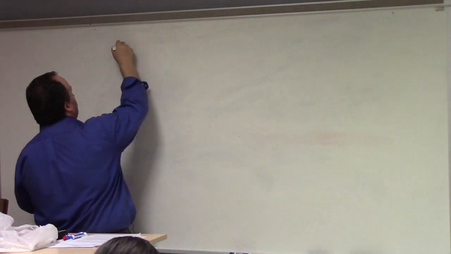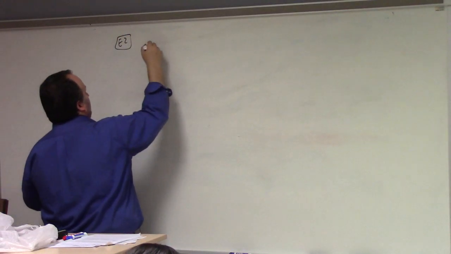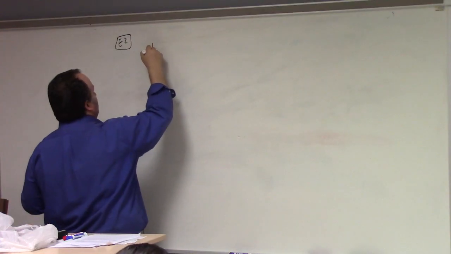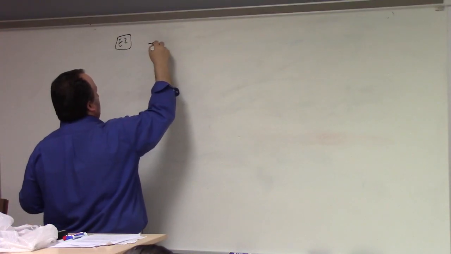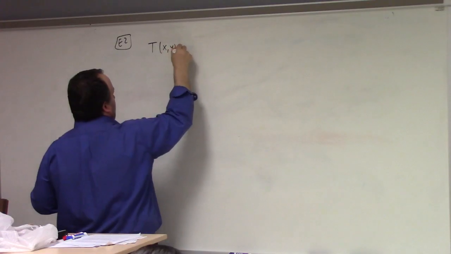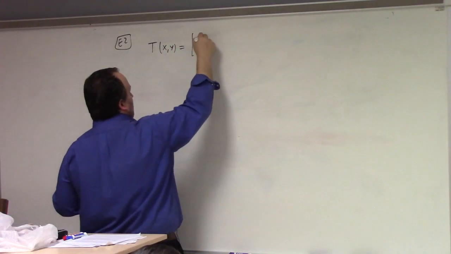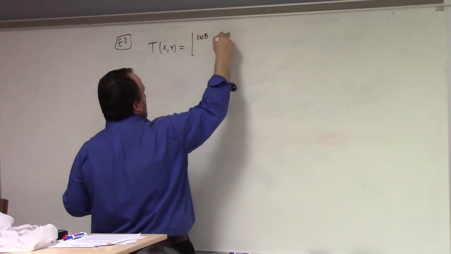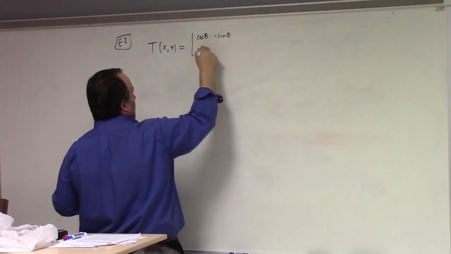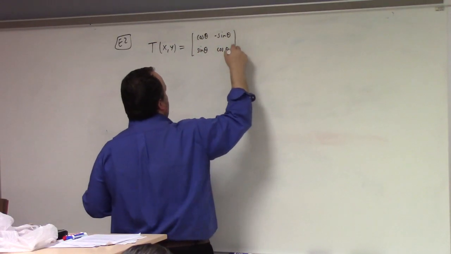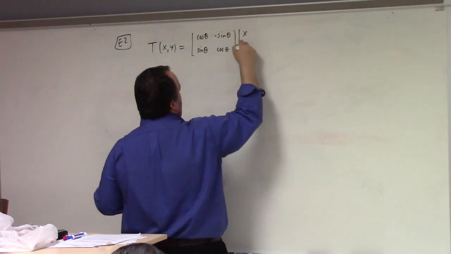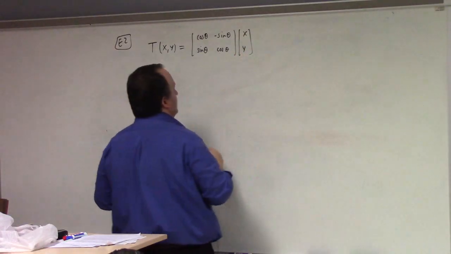So, an example: if we have T of x, y equal to the matrix cosine theta, sine theta, minus sine theta, cosine theta, times x, y.